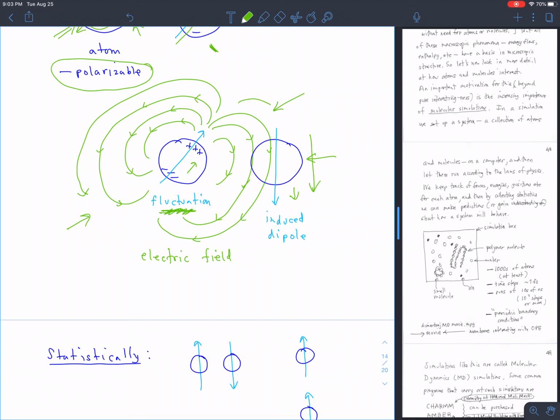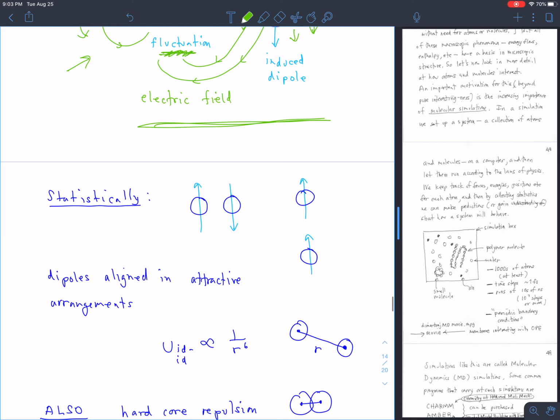And because of that cause and effect relationship, there's a statistical tendency when atoms are nearby each other like this, for the dipole that happens to sit on one atom to be correlated in an attractive arrangement with the dipole that's on the nearby atom. So if you find an atom with a dipole moment that's pointing in this direction, you're more likely than random chance to find the other dipole in the nearby atom pointing in a way that's a favorable interaction.